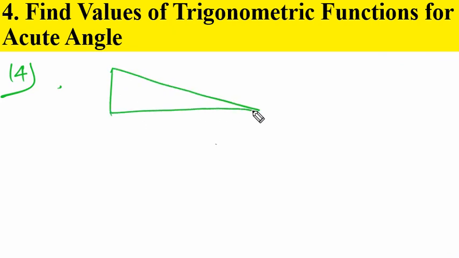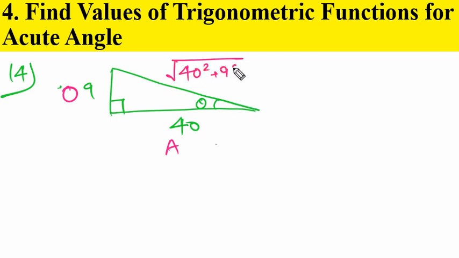So in this right angle triangle, this is 40, this side is 9, this is angle 90 degree, this angle is theta. Okay, so now how we will solve? So this angle is theta, so this side will be opposite, this will be your adjacent, the longest one will be hypotenuse. So square root of 40 square plus 9 square. When we are finding out hypotenuse, then we add.